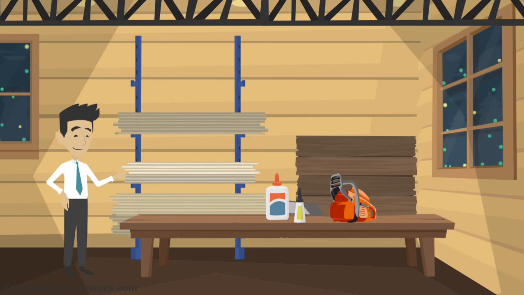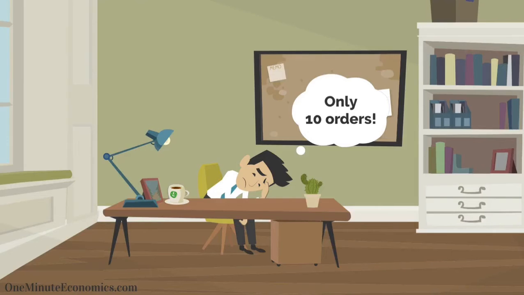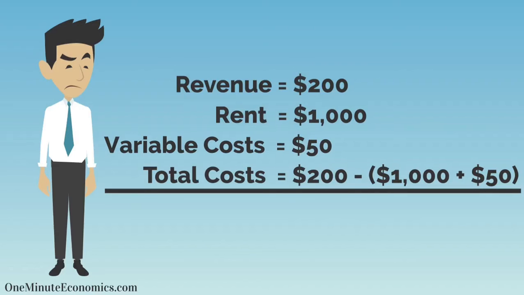So, looking at these two illustrations, in Mr. John's first month, he sold just 10 airplanes. To get his total revenue, we multiply the 10 airplanes sold by $20. So his total revenue for that month will be $200.